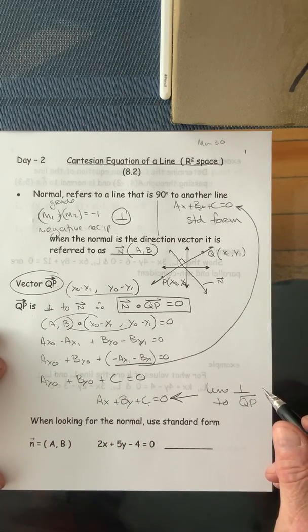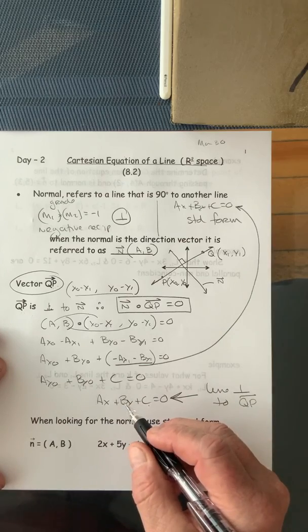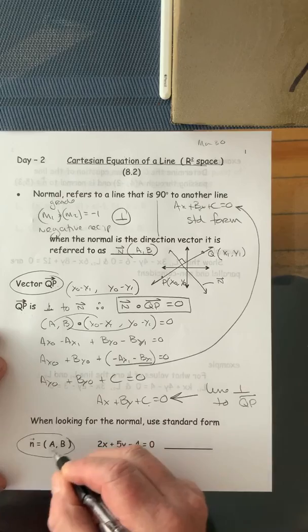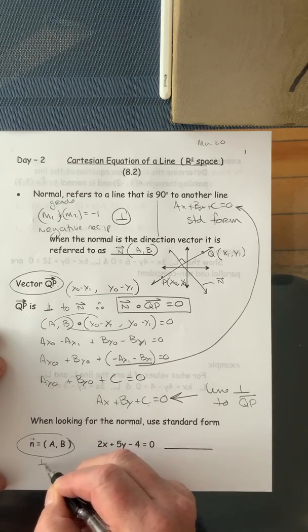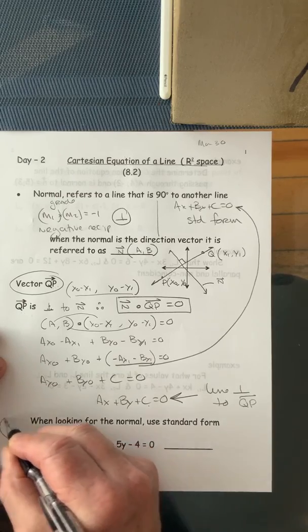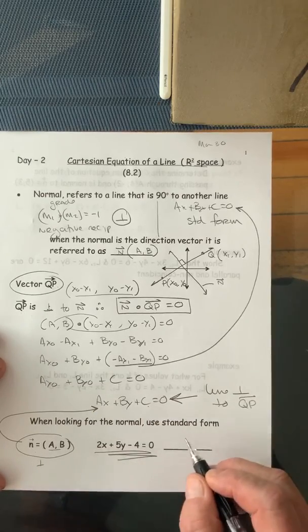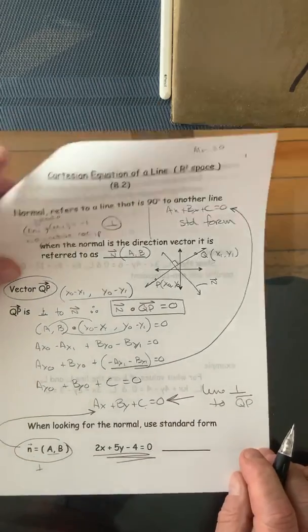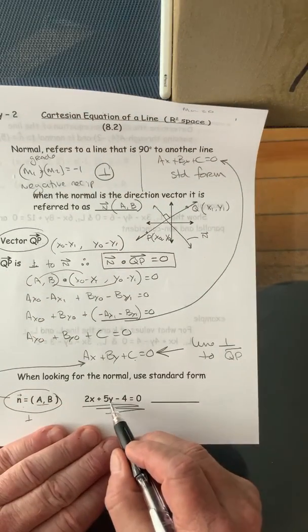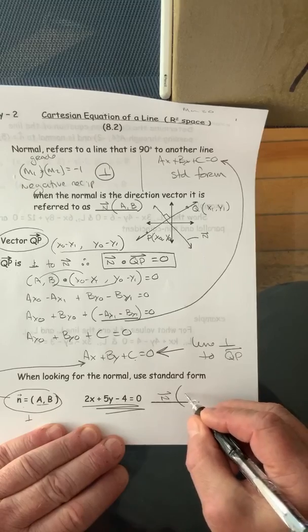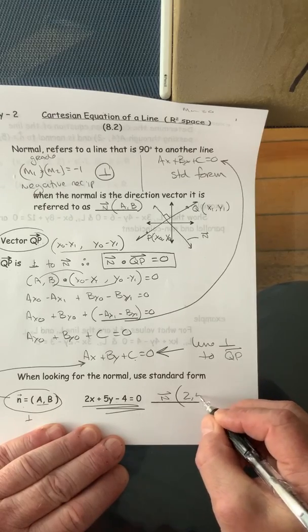All right. What you should notice, the vector we started with, the vector that was perpendicular, we used the letters a and b. There are the letters a and b. If I give you a scalar equation of a line in two space, 2x plus 5y minus 4, that means I know just by looking at it, the components will be 2, 5.